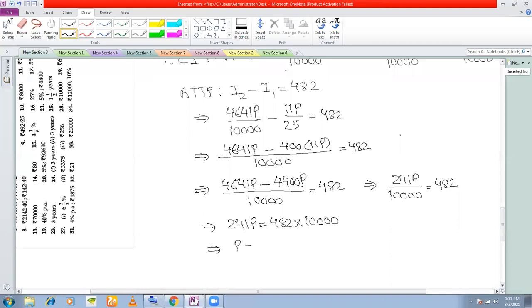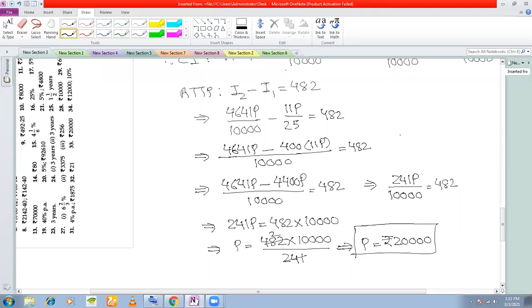That means P is 482 divided by 241. Now you can cancel here with 2. So you get P is equal to rupees 20,000. That's your answer.